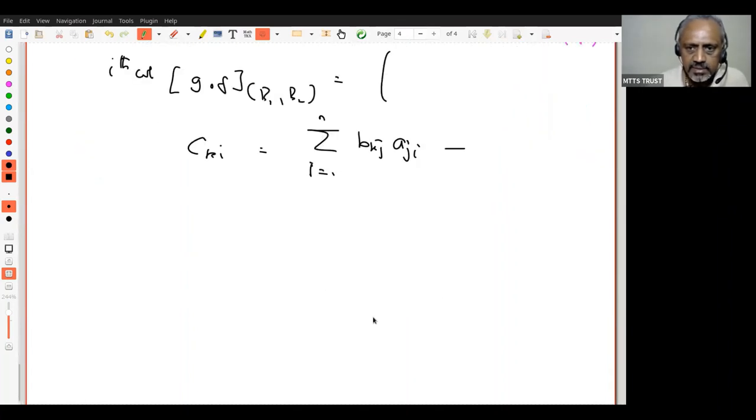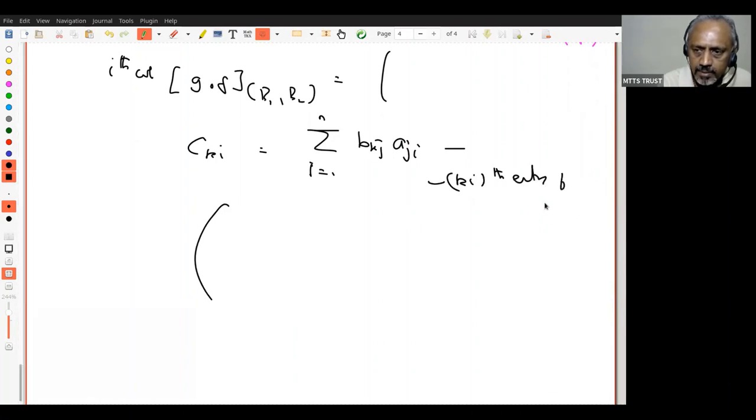But what is this? This is nothing other than the kth entry of the matrix product b times a. What will be the kth entry? b_k1, b_k2, and b_kn. Now b has how many columns? Columns will be n, b_kn. This is the kth row.